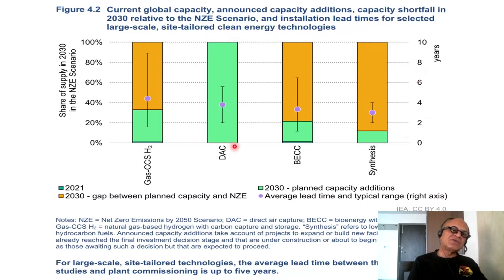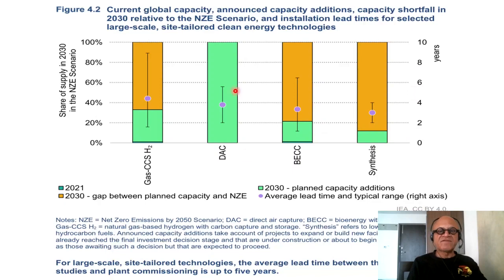Here we are looking at years and share of supply in 2030 for the net zero emissions. Gas, so this is carbon capture and sequestration H2, so this is 2021 in green and 2030 in orange, and gap between planned capacity and net zero. So 2030 planned capacity additions in green, average lead time and typical range is shown here.